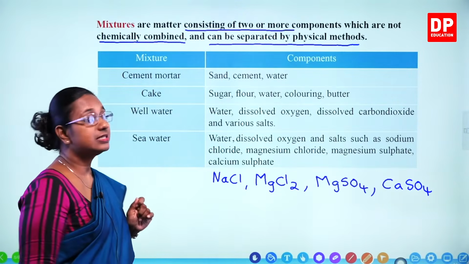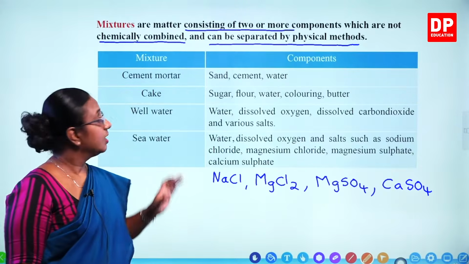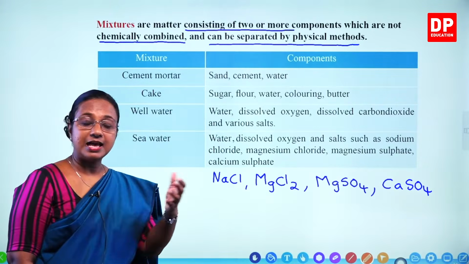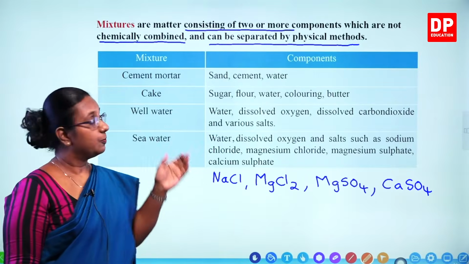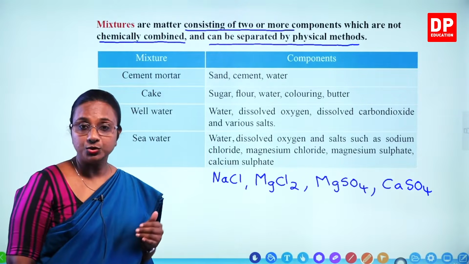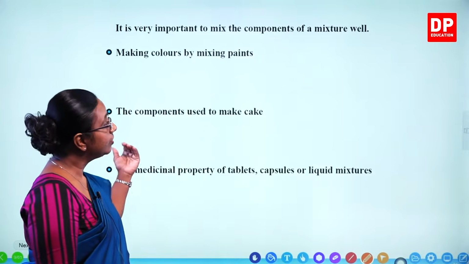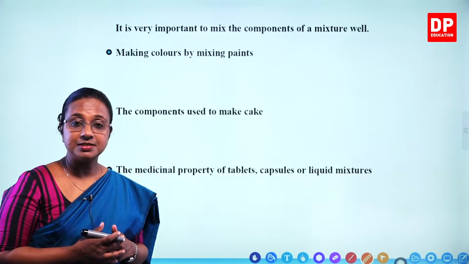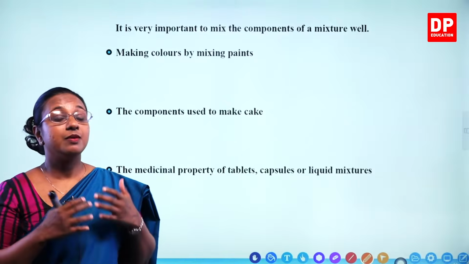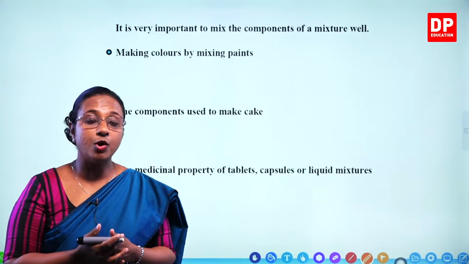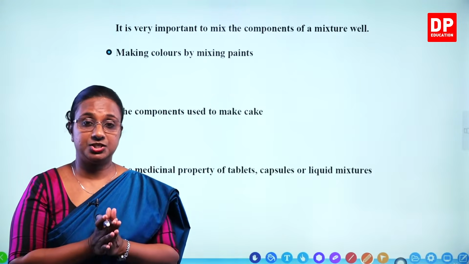So that is sea water. These are some examples that are there in nature. With these, we will move on to more detail. It is very important to mix the components of a mixture well. When we looked at the examples, I mentioned that the well water and sea water are uniform mixtures.